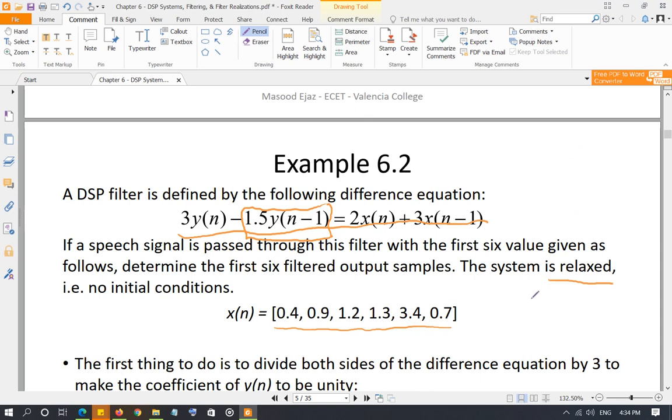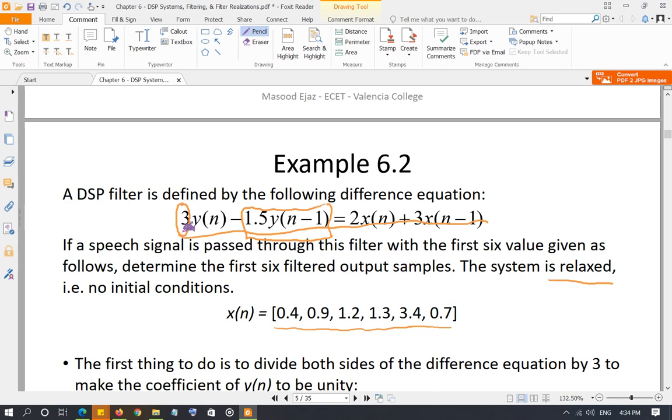If the system is not relaxed, some values of output will be given to you, like in the last example. In the last example, of course, x of n was a step function, so there will be no initial values of x, because the step function starts at n equal to 0. But if it is given that the system is relaxed, basically the initial conditions are 0. Observe that we have a multiple of y of n, which is 3.